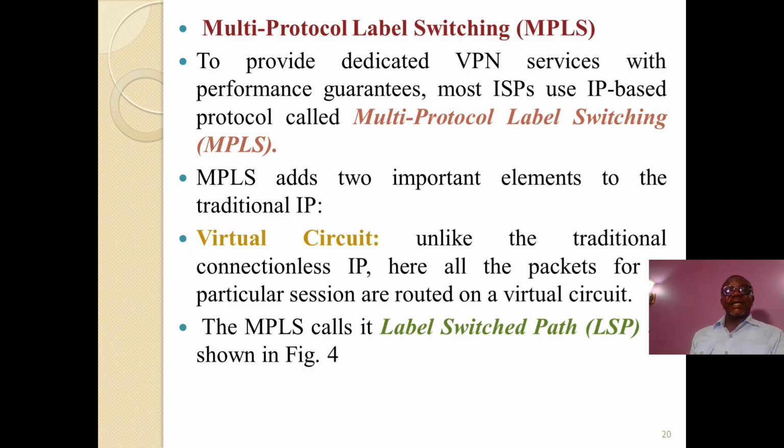This MPLS adds two important elements to the traditional IP, which we have been talking about. And the first thing it adds is virtual circuit. So here, all the packets for a particular session are routed on a virtual circuit. What do we mean by this virtual circuit?